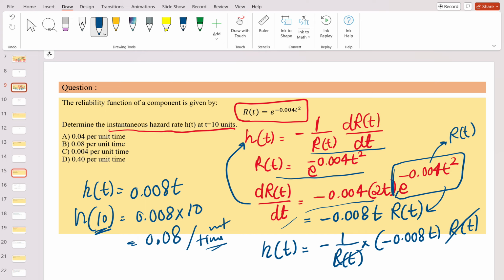So the answer comes out to be option B. You just have to remember the equation: H(t) is equal to minus 1 upon R(t) dR(t) by dt. Suppose you want the hazard rate of R1, you just have to put 1 upon R1(t) dR1 by dt.